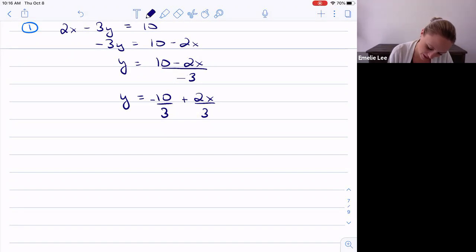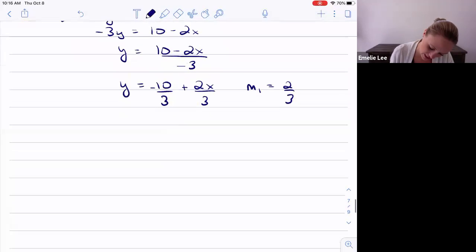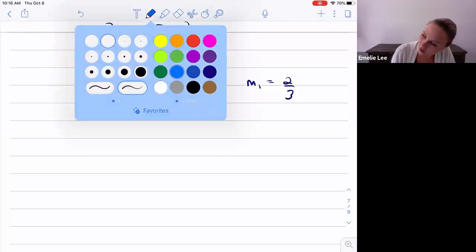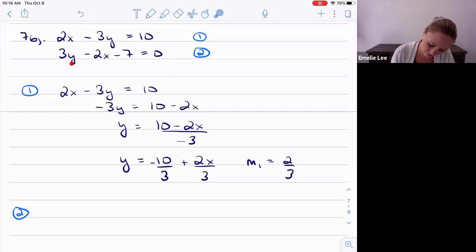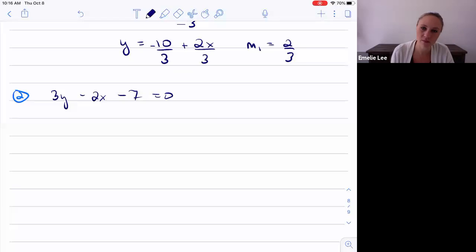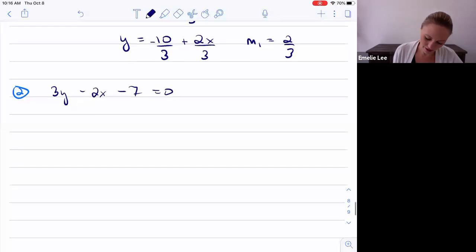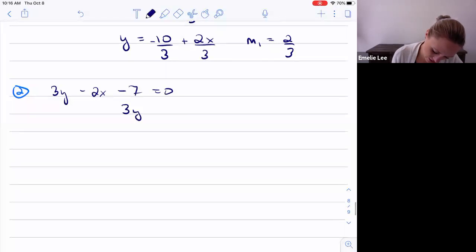So the slope here, let's call it m1, is 2 over 3. And then for my second equation, looks nasty here. 3y minus 2x minus 7 equals 0. Solving for y, I get 3y is 2x plus 7.